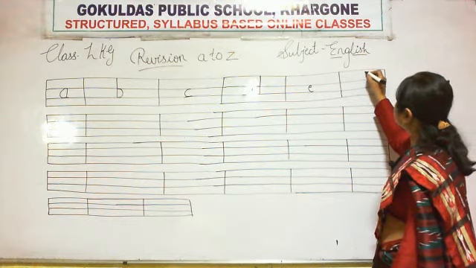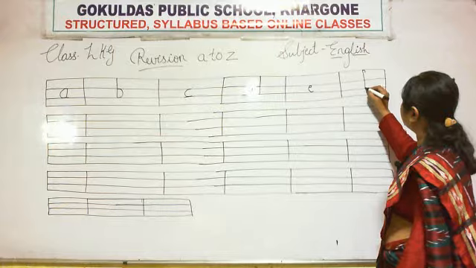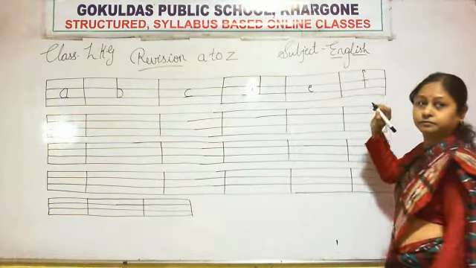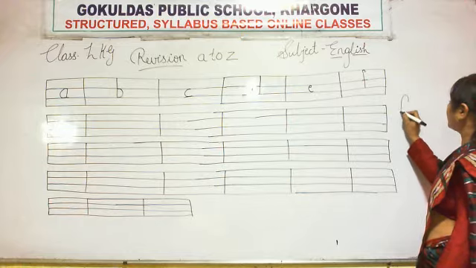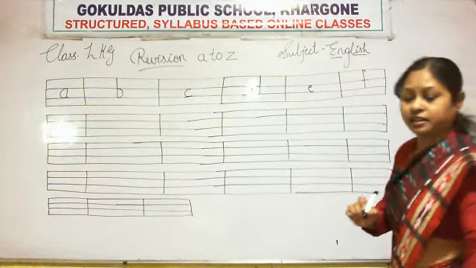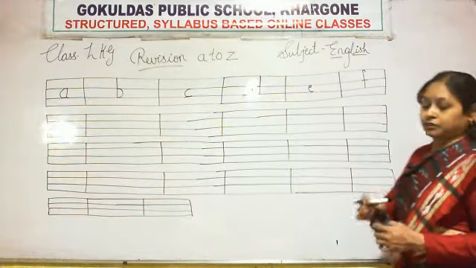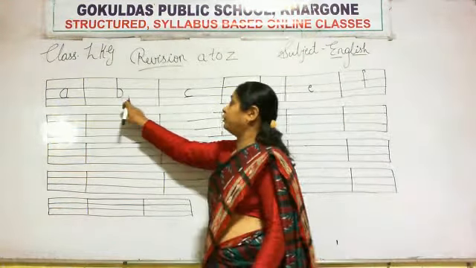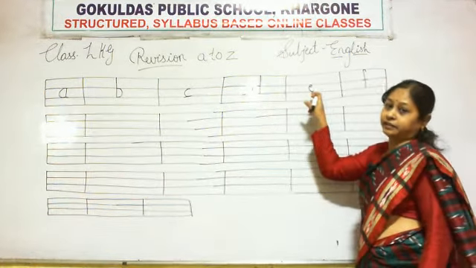Look here. First curve, then standing line, and after that a sweeping line. Okay? How will you write? Curve, down, and then sweeping line. Which letter is this? Letter F. Small f. You have to remember that b will look at a and d will look at e.